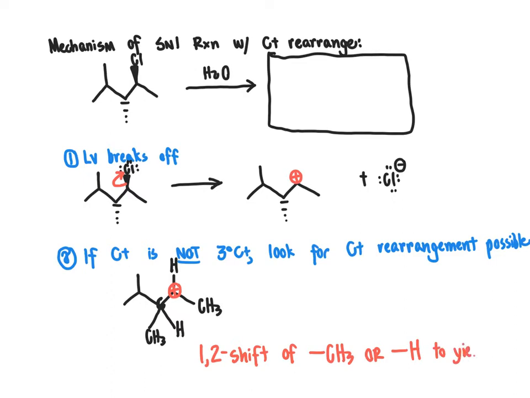And we're going to try to do that to yield a tertiary carbocation, because if we can yield a tertiary carbocation, that means that this step will be energetically favorable because it would be going from a less stable secondary carbocation to a more stabilized tertiary carbocation.